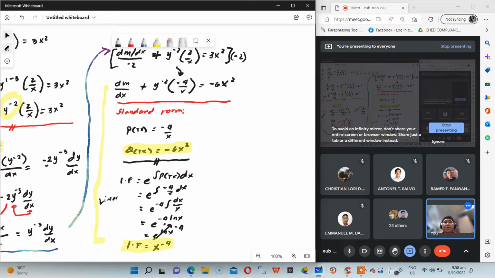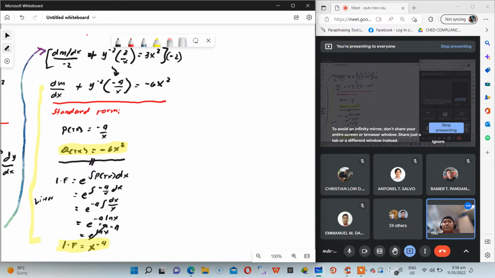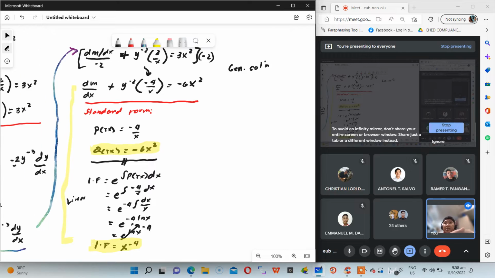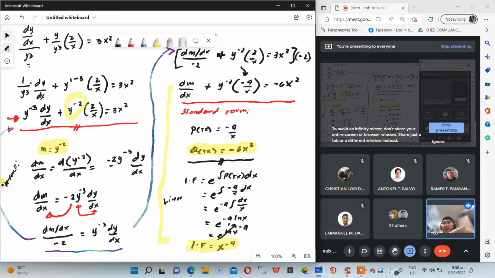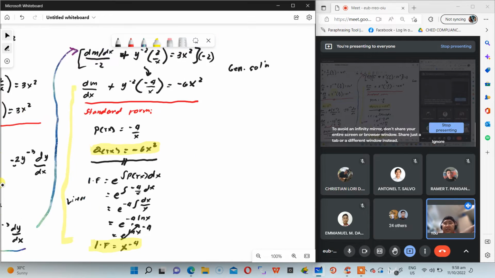So from there, we can now get our general solution. Remember the steps. In the integrating factor, if there is an integral, it is just integrating. If it is an exponential, integrate the exponential. If there is a derivative, then derive it.